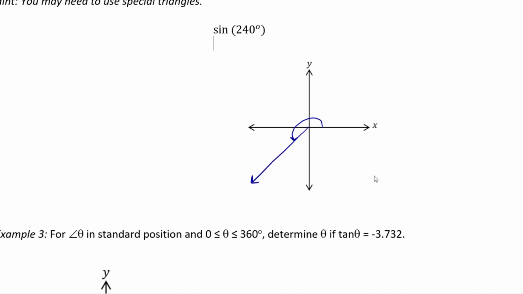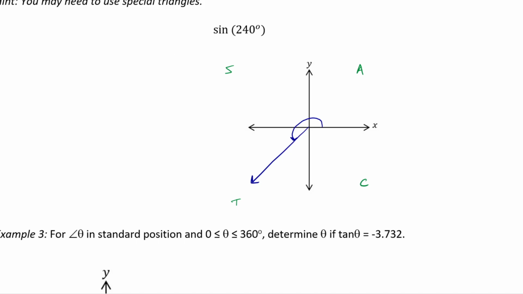Using the CAST rule, cosine is positive in the fourth, all are positive in the first, sine is positive in the second, and tan is positive in the third. If I'm trying to find the sine of 240 degrees, that means I'm finding the sine of an angle in the third quadrant. Well, this ratio is going to be negative.